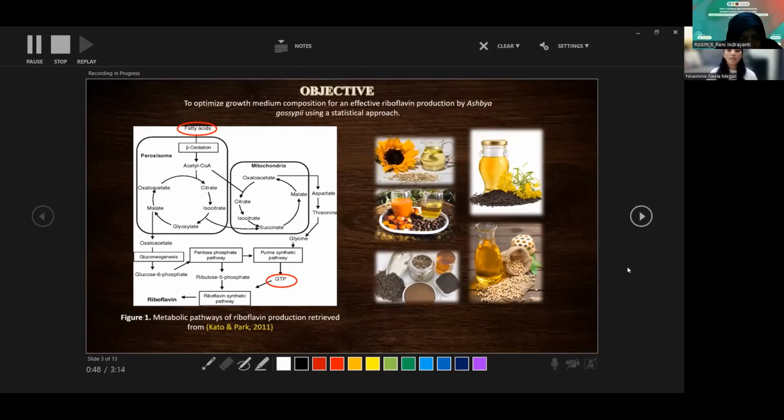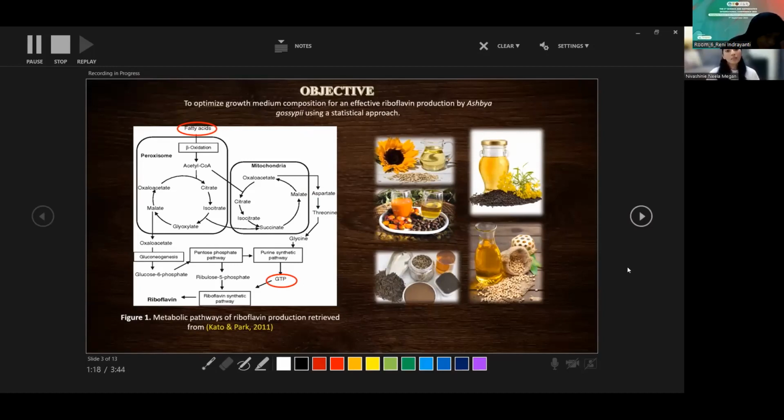Now, I would like to emphasize the figure on the left-hand side, which shows that fatty acids have elevated the productivity of riboflavin. Where do these fatty acids come from? By applying different varieties of oil components composed of triglycerides, triglycerides are hydrolyzed by the enzyme synthesized by Ashbya gossypii.